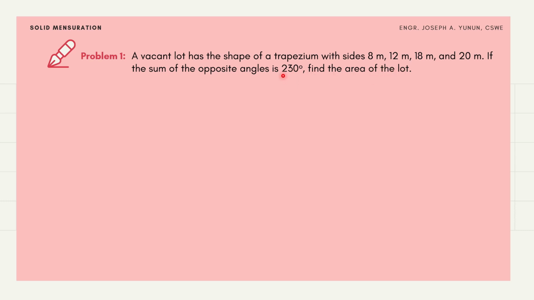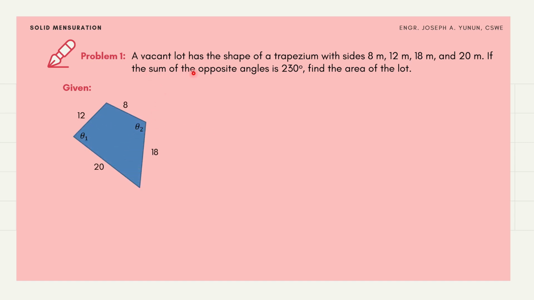So you have the sum of the two opposite angles and the sides of the quadrilateral or trapezium. So based on the given, you can draw the figure based on the given sides. You approximate those lengths and connect each of the vertices. So I have provided a figure shown here.